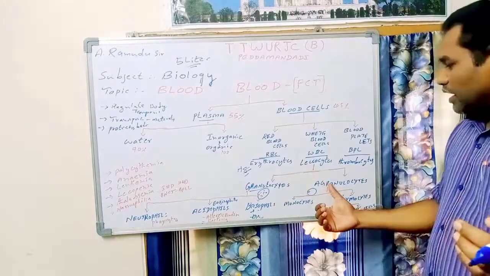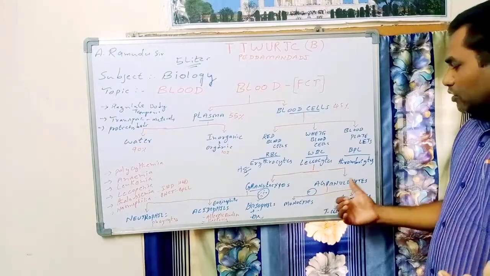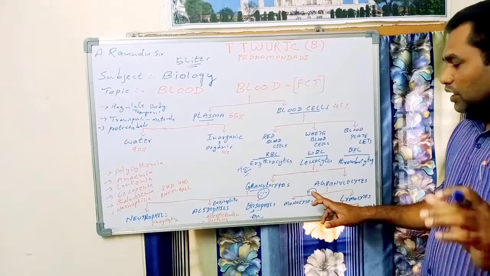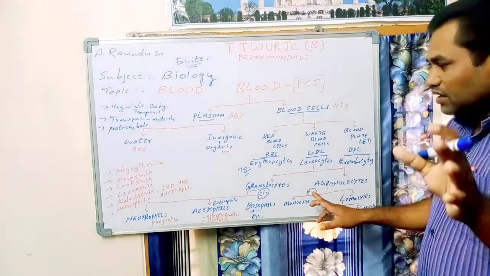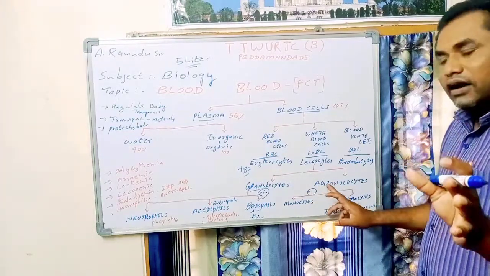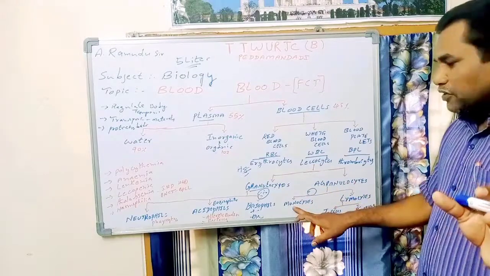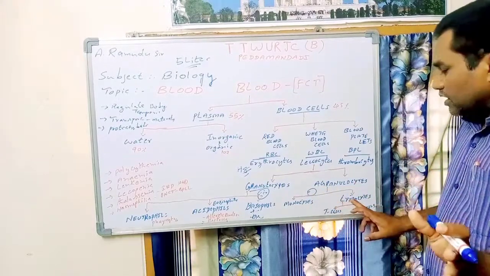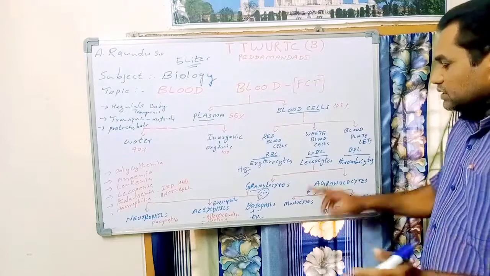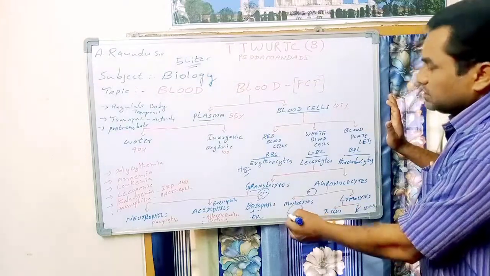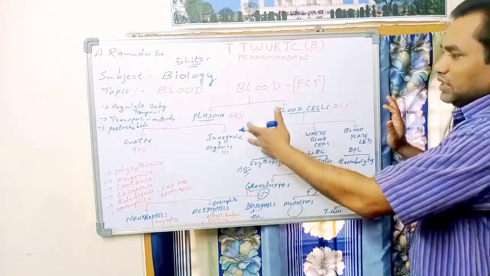Next, the agranulocytes, which do not have any sand-like particles. They are mainly two types: monocytes and lymphocytes. Monocytes are the largest of all blood cells.